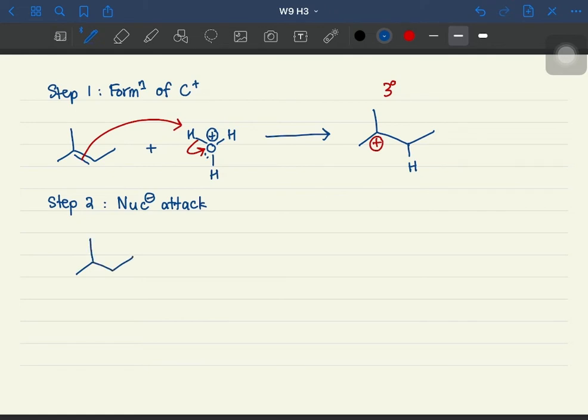In your exam, you can simply continue from this structure on the right. So I'm going to have this carbocation here, and then we'll react it with water. So OH2. Just now from these reactions, we're going to have a side product of water.